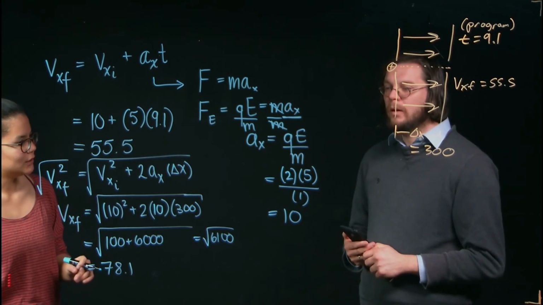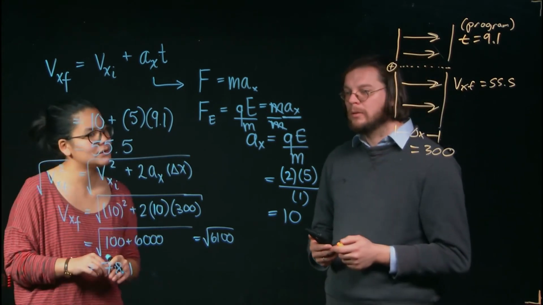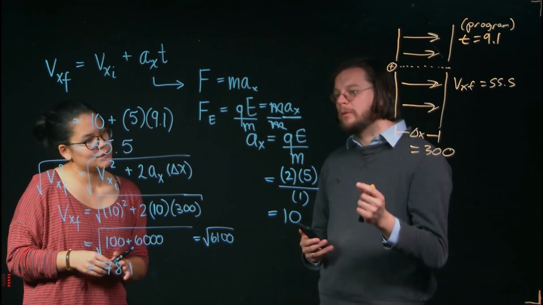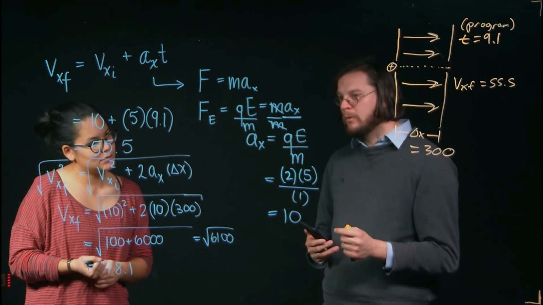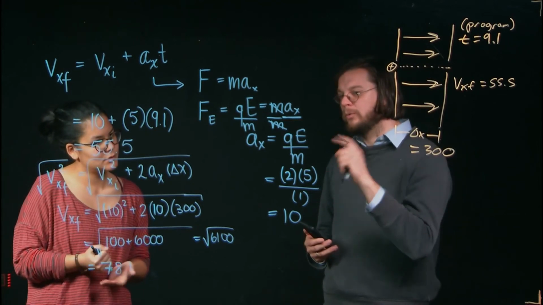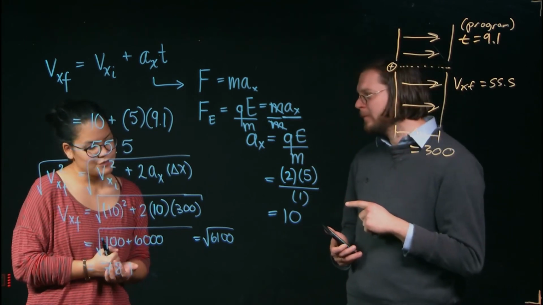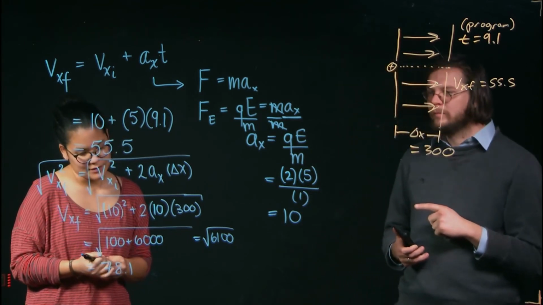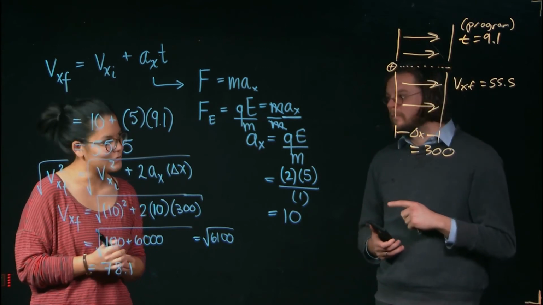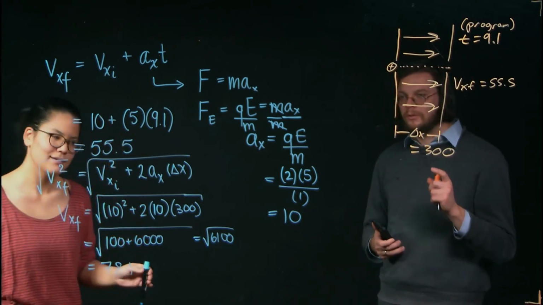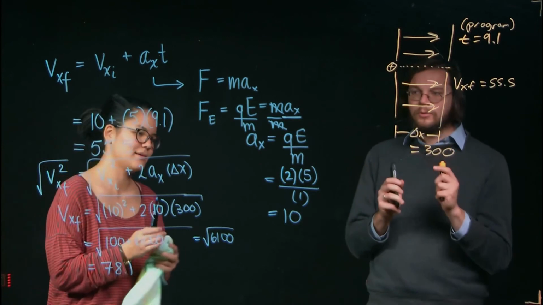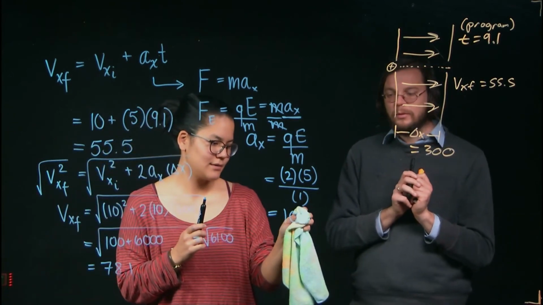And then what if, instead of having a charge of 2 and a mass of 1, it was a charge of 1 and a mass of 2? Do you know what particle that is? Charge of 1 and a mass of 2. That's our deuteron. A deuteron is a proton and a neutron that are bonded together.